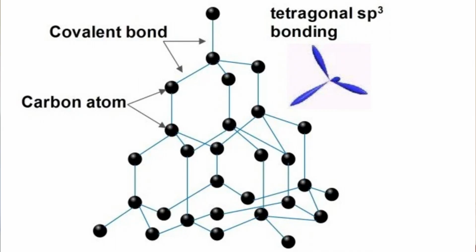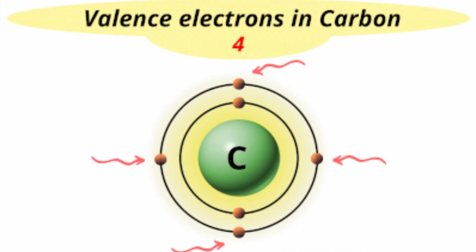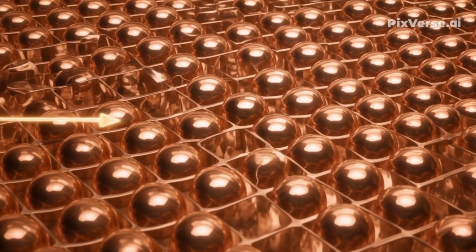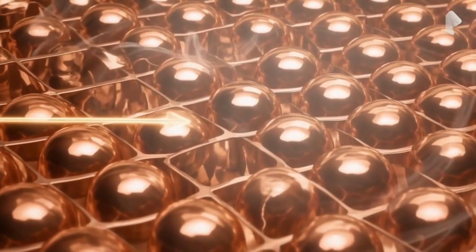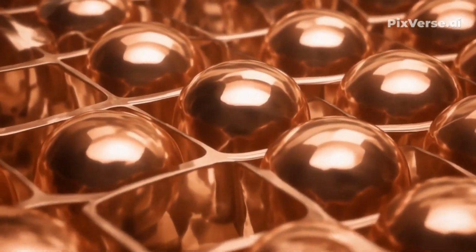Now take a diamond, the carbon atoms covalently bonded in a rigid lattice. Every single valence electron is locked up in a bond. There are no free electrons. If you apply a voltage, nothing moves. Perfect insulator.